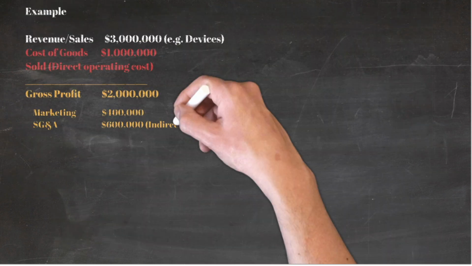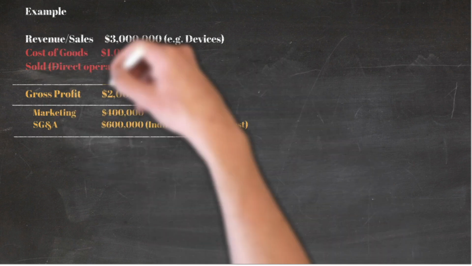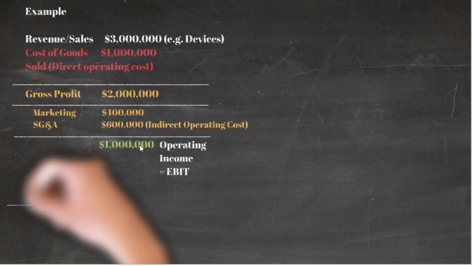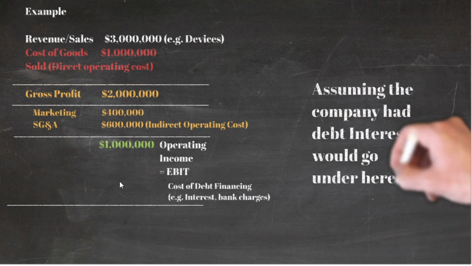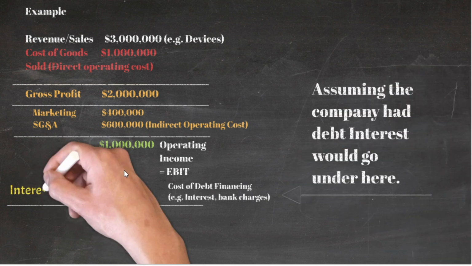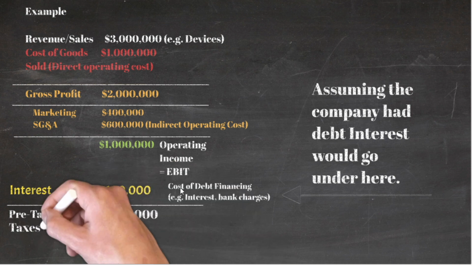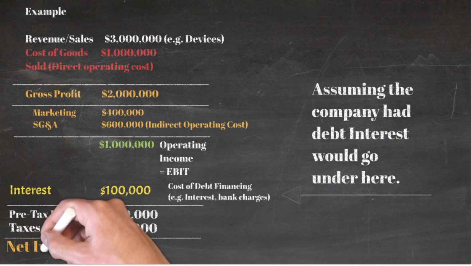Okay, so now we had our operating income of $1 million. Assuming we took out a loan, let's say the interest payment was $100,000.